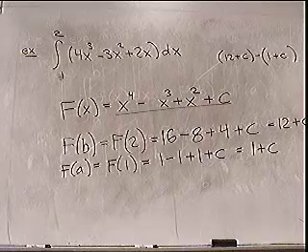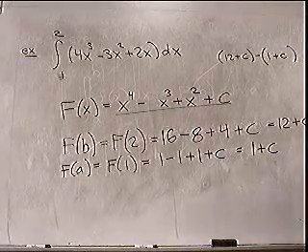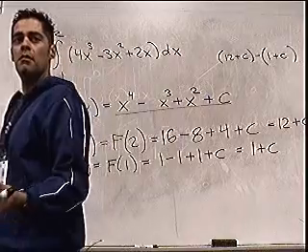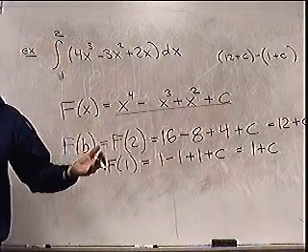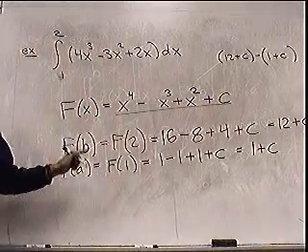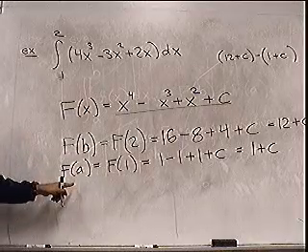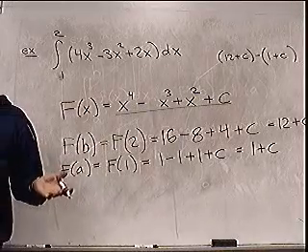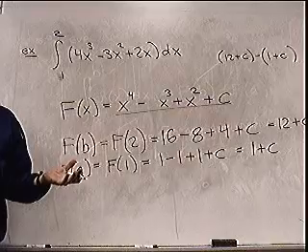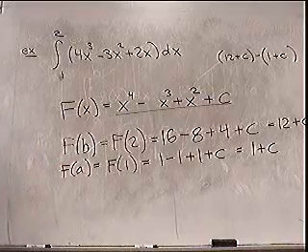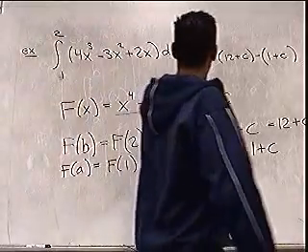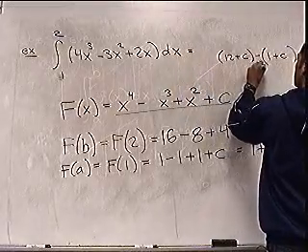They're going to cancel, aren't they? And that will always happen no matter what c you ever pick. Whatever c I have for this one is going to always go away with the c I have for this one. So why even put it there? Just use 0 as your c, because it has no effect on our answer. But what is our answer here? 11.